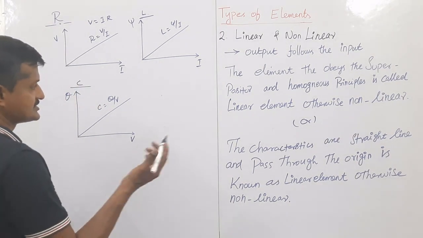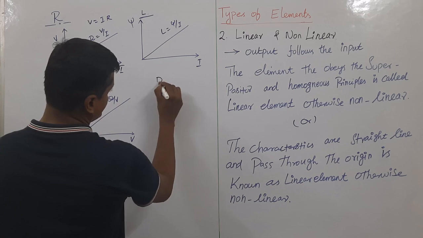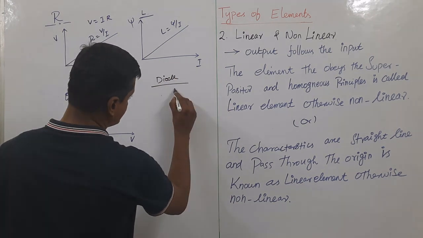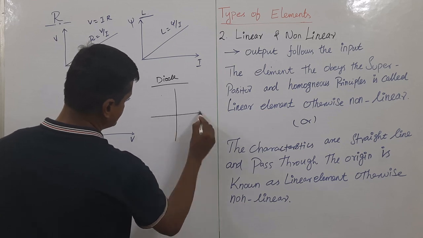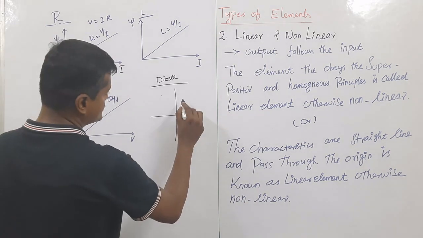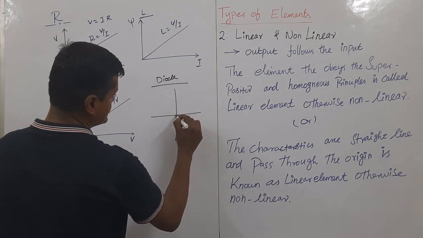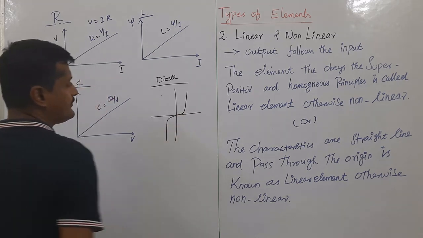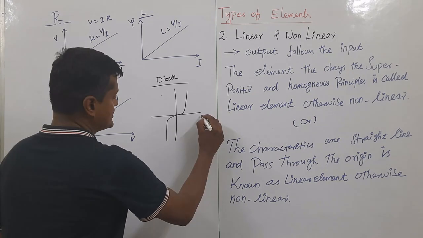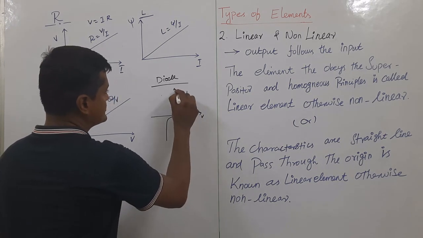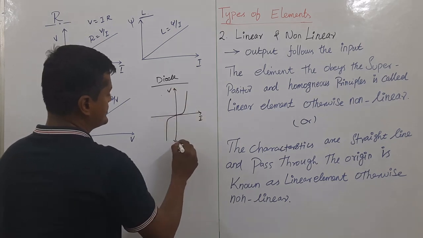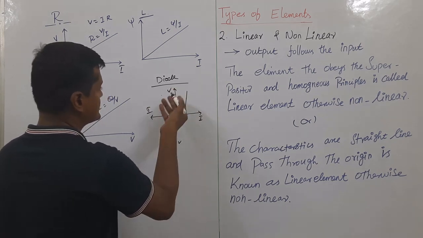So for non-linear, for example, I am drawing it for a diode. We can draw the characteristics for a diode. This is the characteristics, current and voltage, same way voltage and current.